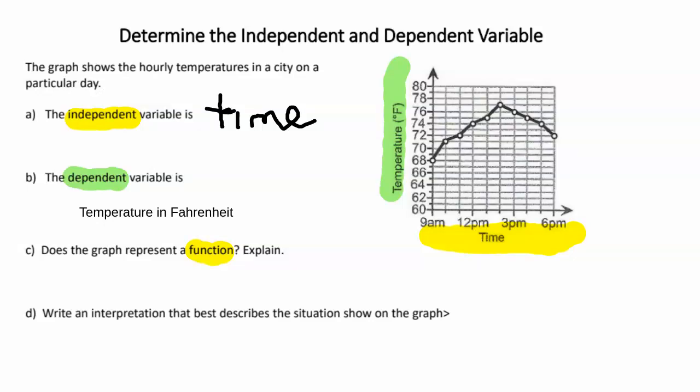And the vertical line test means if I draw a vertical line through any dot or ordered pair on my graph, and only one dot falls on that vertical line, it is a function.